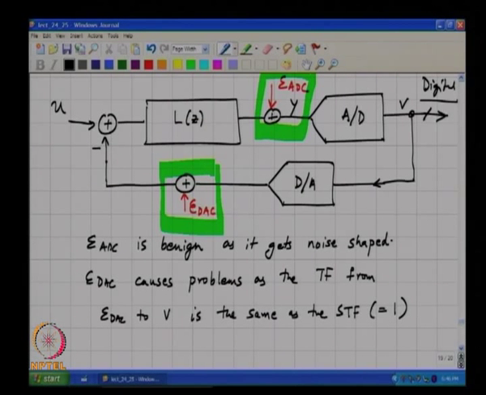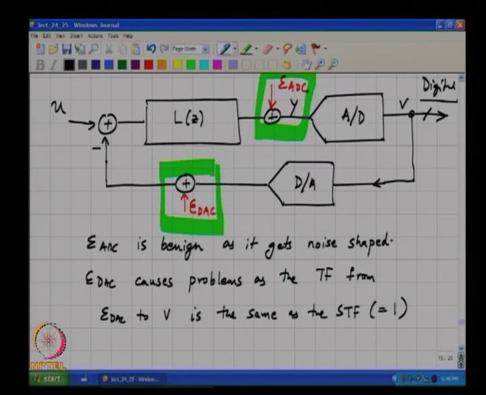Recall that in the signal band you want to make the STF equal to 1. So, errors in the DAC levels appear as if they are added along with the input, okay, and therefore will appear at the output of the modulator as is.